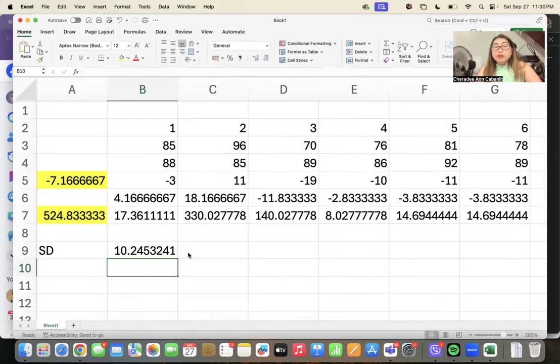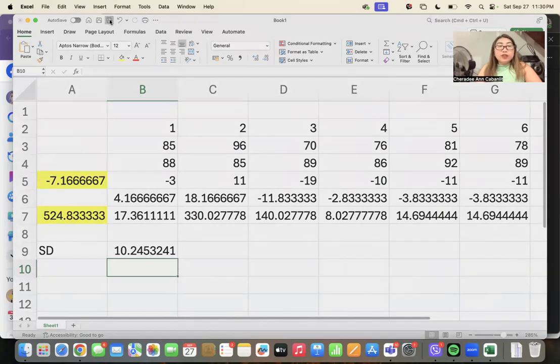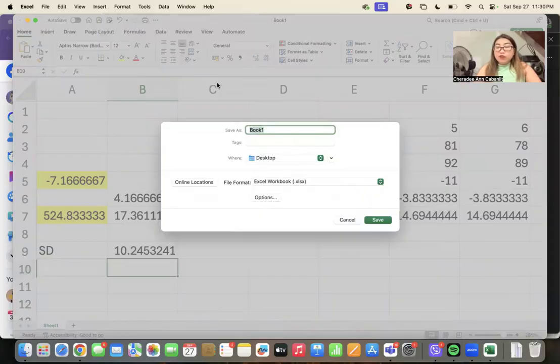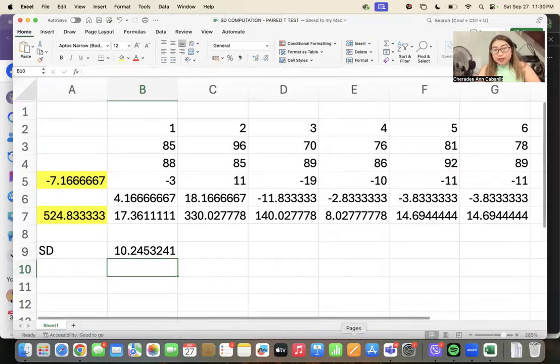So the answer is 10.2453241, or 10.24531. I'll save this one so that you have a guide for the SD computation in the paired t-test. Okay, hopefully you remember your algebra in this.